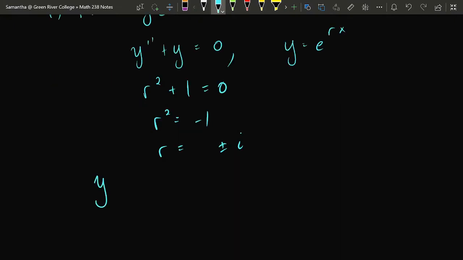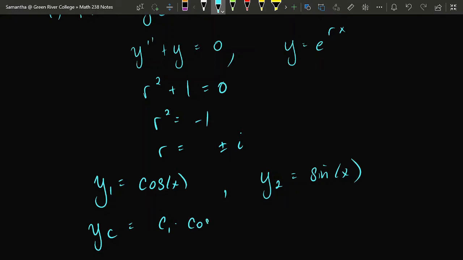Our two solutions are y1 equals cosine of x, and y2 equals sine of x. And that gives me the complementary function c1 times cosine plus c2 times sine.